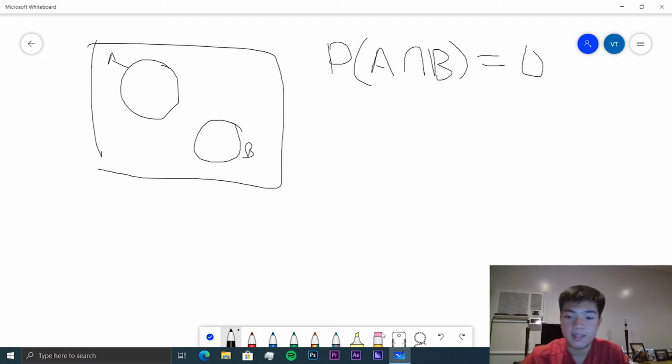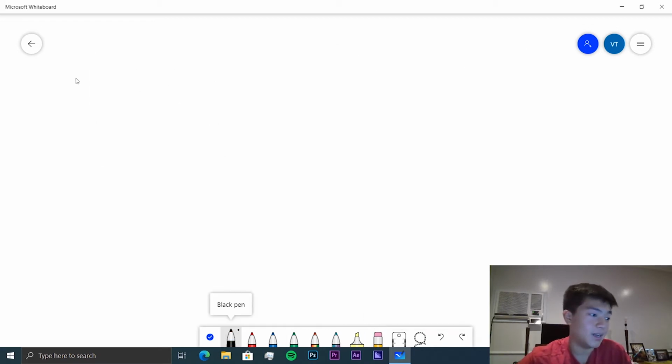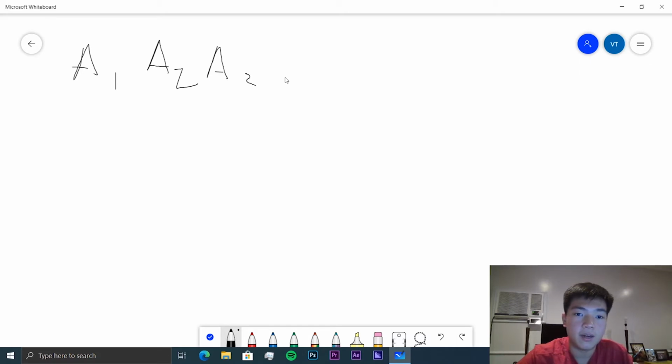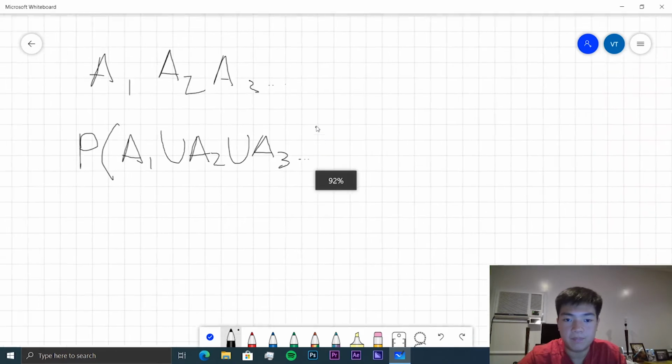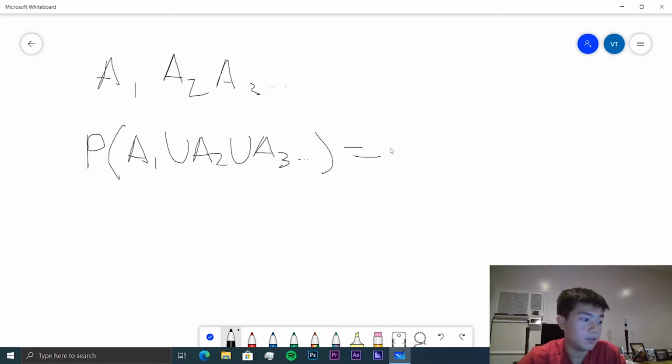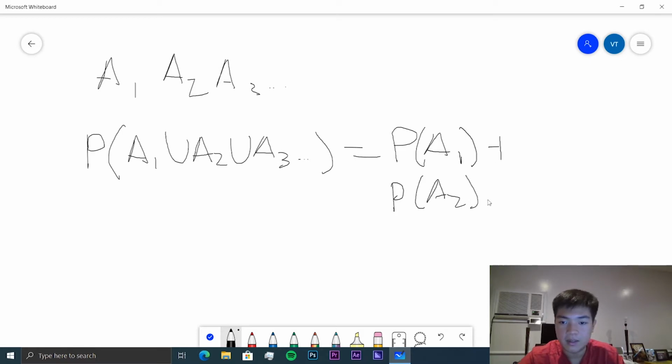Okay, the next thing we need to know is that if we have some events A1, A2, A3, and so on, the probability of their union, A1 union A2 union A3, and so on, is equal to the probability of the first event plus the probability of the second event plus the probability of the third event, assuming these are all mutually exclusive events.